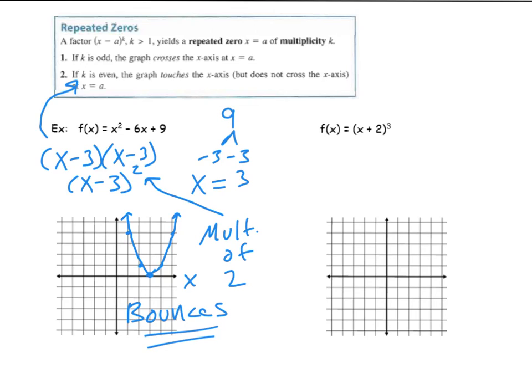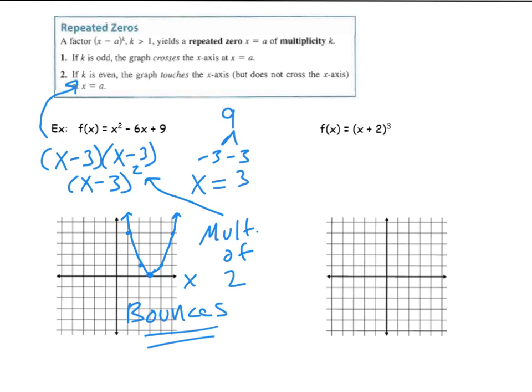If you have a factor that has a multiplicity that's even, the most common one you're going to see is a multiplicity of 2, okay? A factor that's squared that basically leads you to 2 factors that give you the same 0. At that 0, you're going to be talking about a graph that bounces. Just going to touch the axis, and then it's going to go back off in the opposite direction.